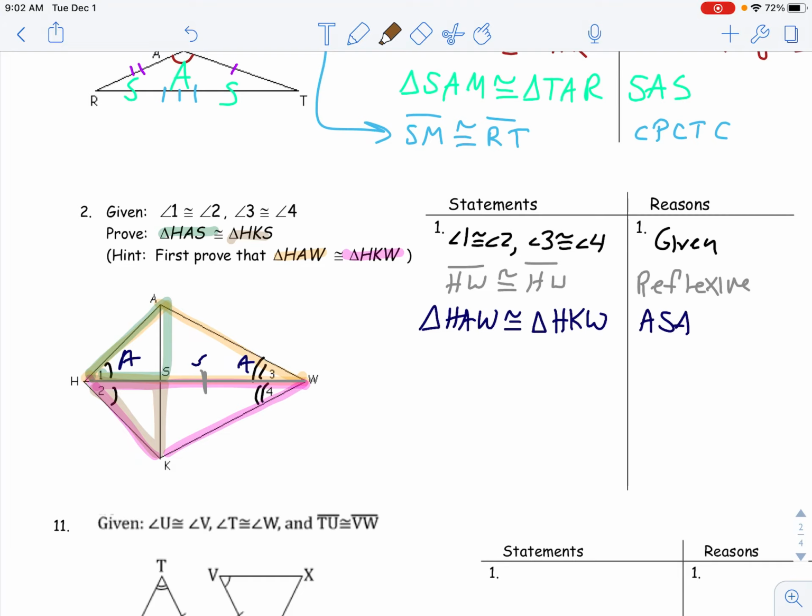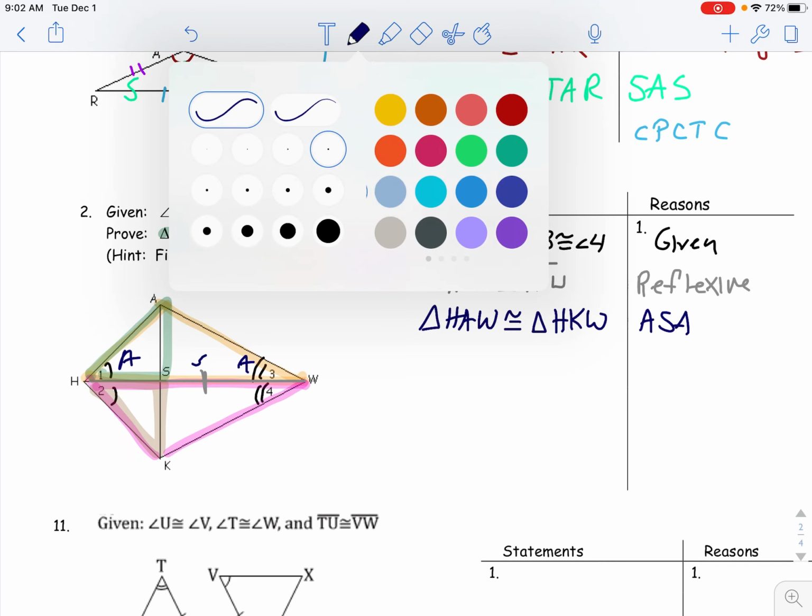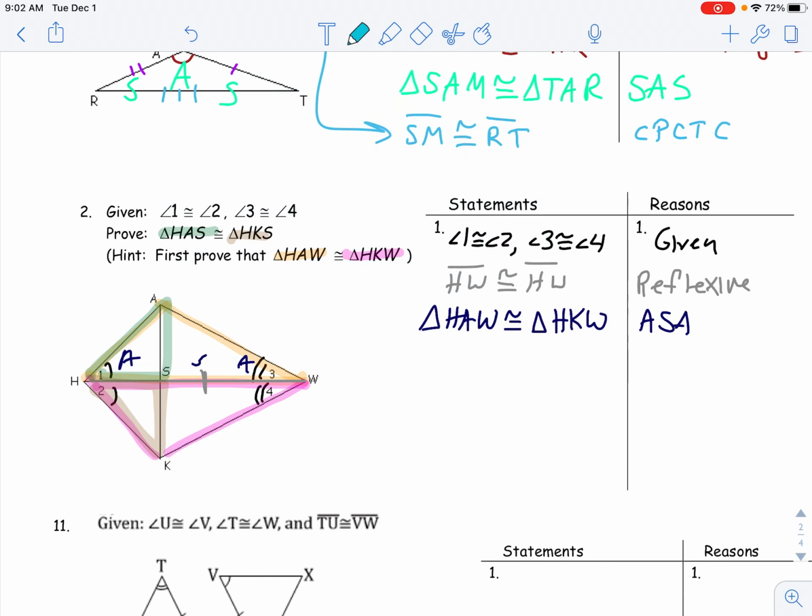Looking at the orange triangle and the pink triangle, I know that these two sides are congruent. Why do I know HA is congruent to HK? Well, with the orange and pink triangle, they're corresponding parts of congruent triangles, so they're congruent, CPCTC.